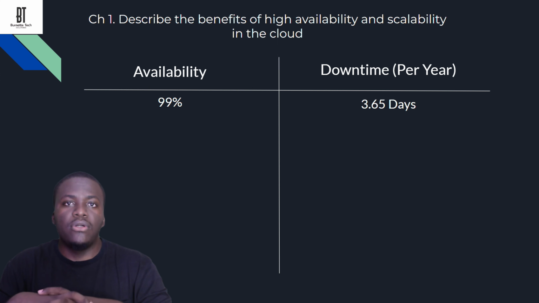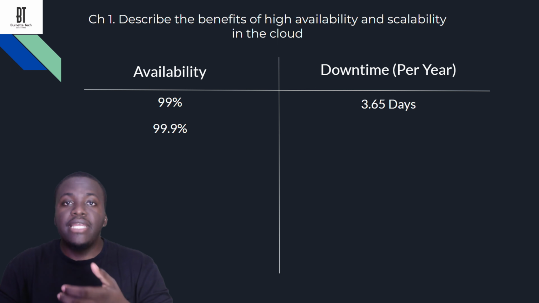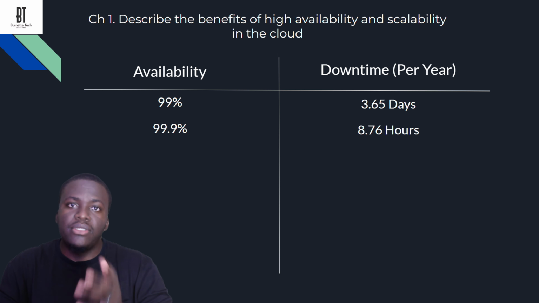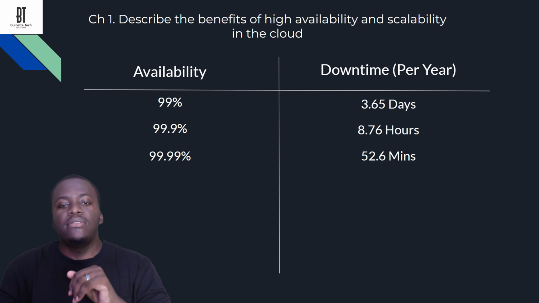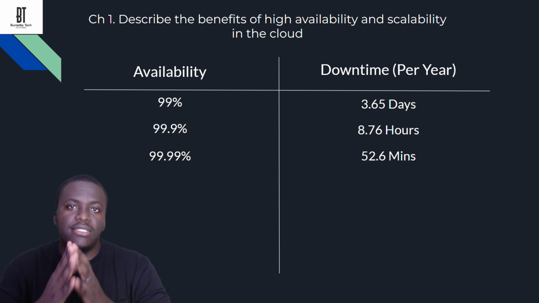Alright, so you call that 2 nines. 3 nines, 99.9% of availability, you will get around 8.7 hours of downtime in a year. 4 nines, 99.99, you get about 52.6 minutes a year.